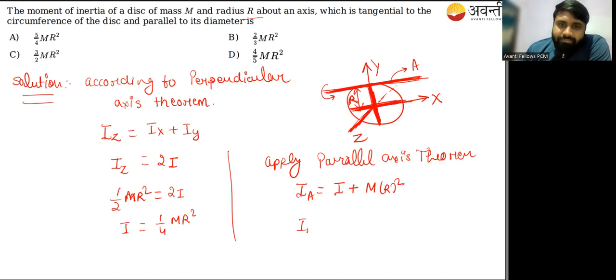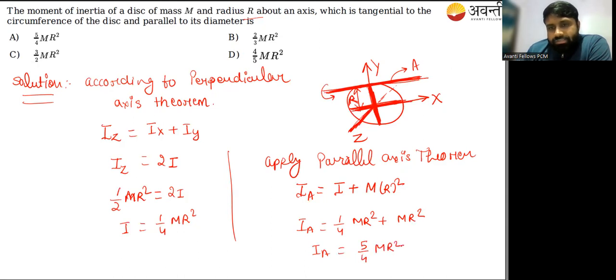So IA will be 1 by 4 MR square plus MR square. So IA will be 5 by 4 MR square.